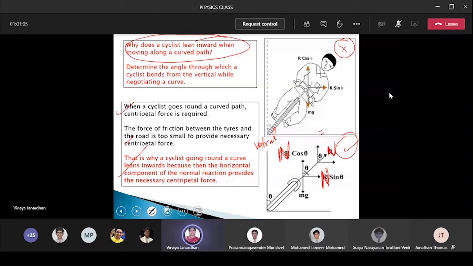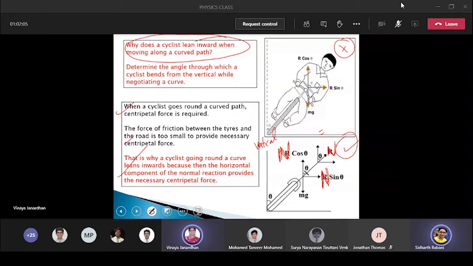Have you completed? I can move to the next slide, boys. Ma'am, does the angle have to be drawn twice in the second diagram?